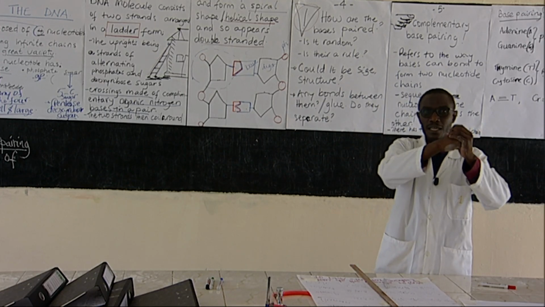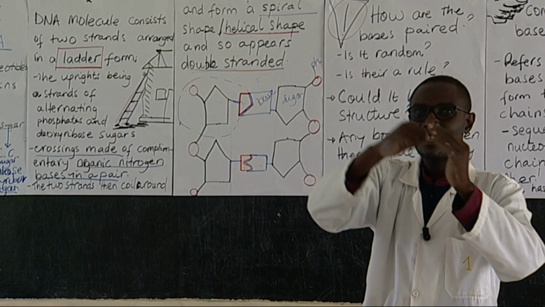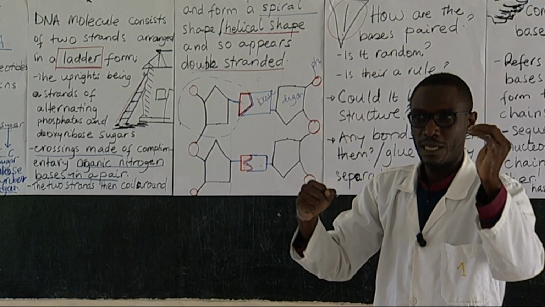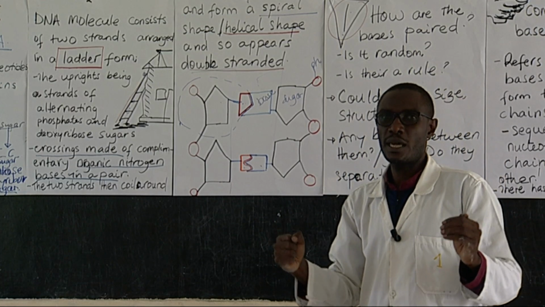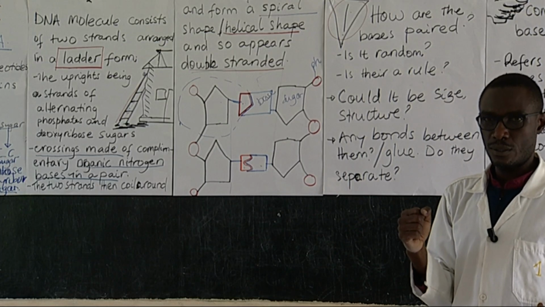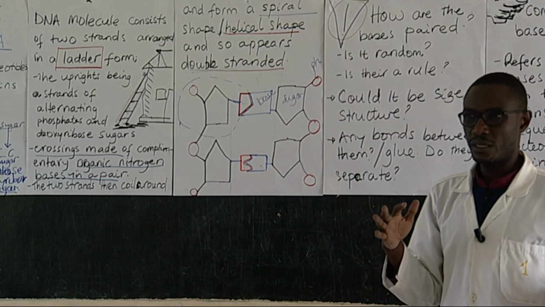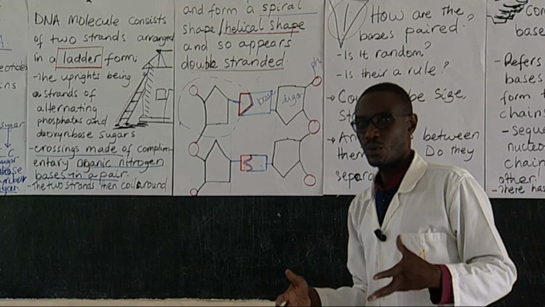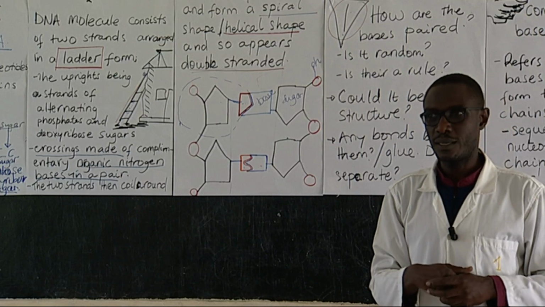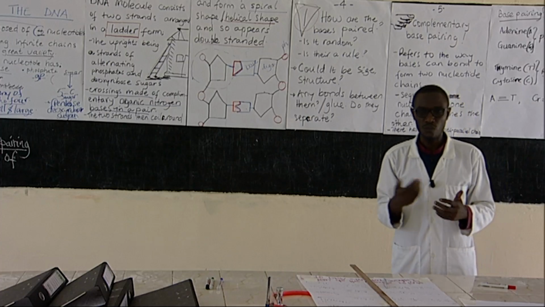Now, the locking, I want you to follow very carefully here, does not mean that this fist is having the same shape as this. In the same way, we would not say our feet have the same shape as shoes. Think about it. Shoes and the feet, do they have the same shape, or one locks into the other, and so they fit into each other? Which one would actually be bigger? Is it the shoe or the foot?